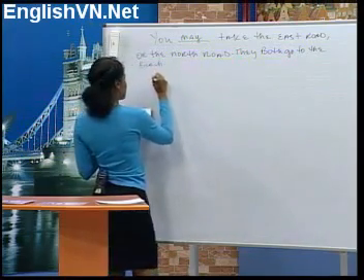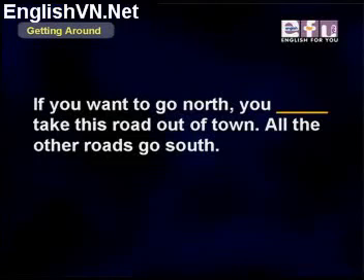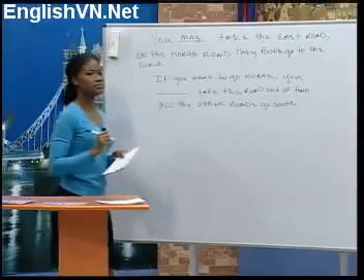Alberto, here's one for you. If you want to go north, you take this road out of town. All the other roads go south. If you want to go north, you must take this road out of town.